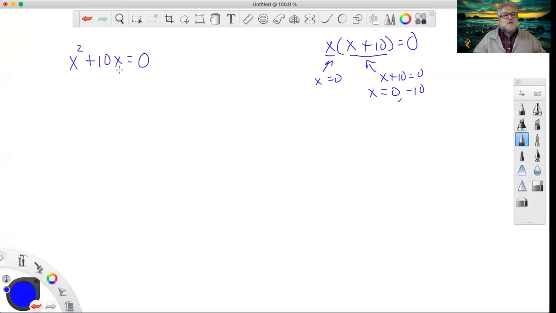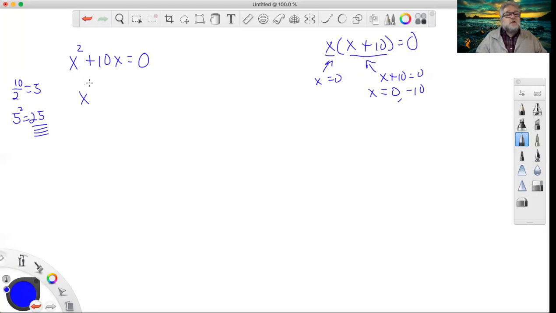Okay, so let's use the completing the square process. The first step is to get the x's on one side and the constants on the other. We already did that. Now we take the coefficient on x and divide it by 2, and then I square it. That's the number we're going to add to both sides of the equation.